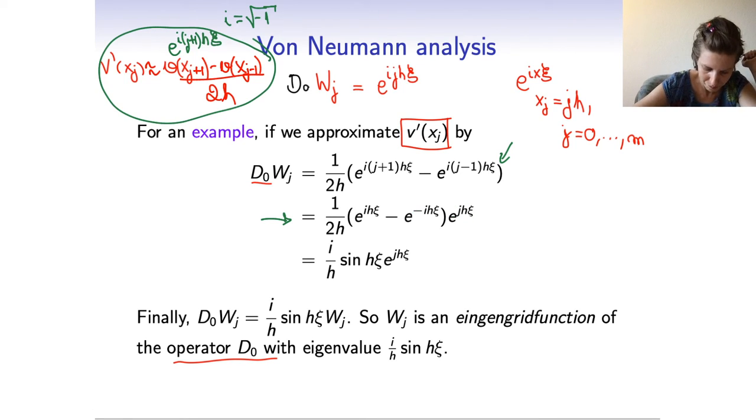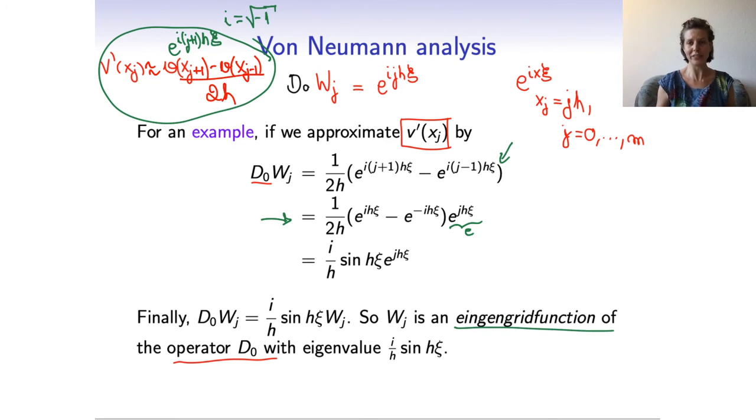So this is the eigenfunction. Here we call it eigen grid function because now we are looking for the discrete.